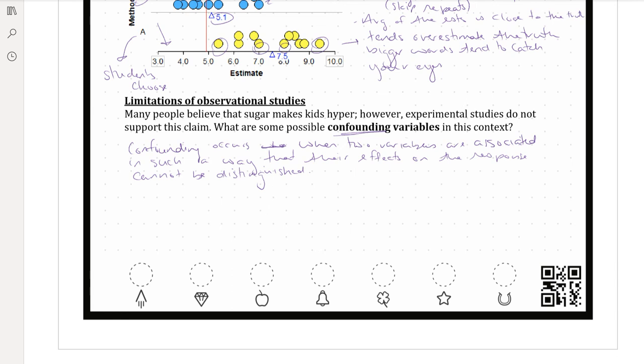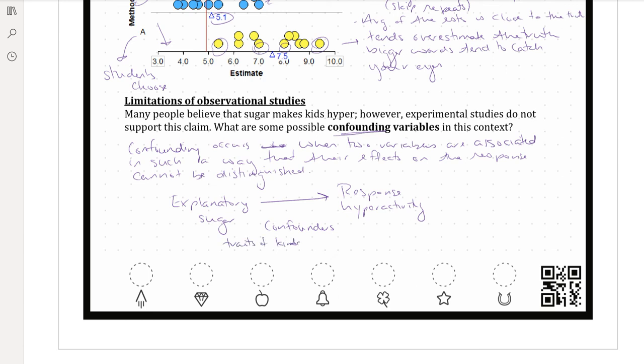So let's break this down in our sugar example. Our explanatory variable is sugar, and we believe that that has an effect on the response, which is hyperactivity. However, there are many possible confounders. Some may be just the traits of kids.